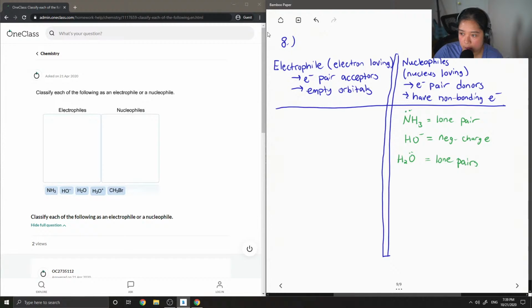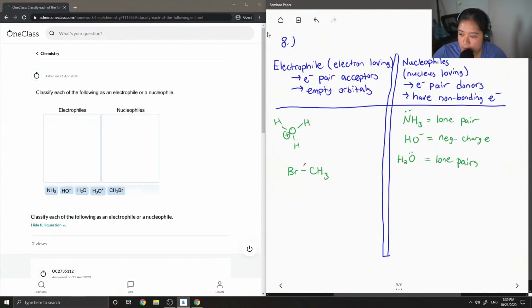H3O plus has a positive charge. So let's write it out. So therefore, it is an electrophile. And then I'm just going to draw out this methyl bromide.